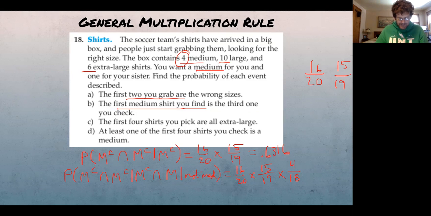So now we can multiply that out. And I'll just put the number up there so you can double check. And if most people aren't getting the same thing as me, then I made a mistake.